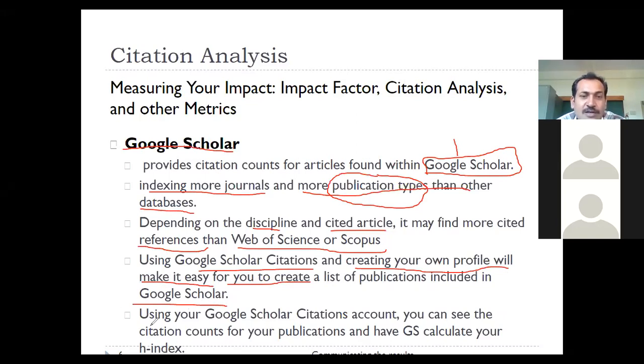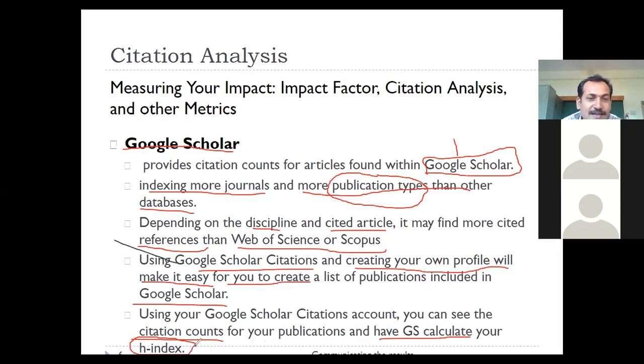Now, using a Google Scholar citation account, you can see the citation counts, meaning how many times a particular author is cited, or how many times a particular research paper is cited. That we can see for a given publication or for a given paper or author, right? Google Scholar also calculates the H index.